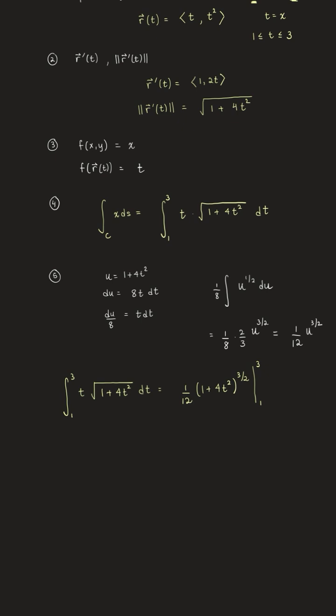And we can evaluate this by using the fundamental theorem of calculus. So when we put in a 3, I have 1/12 times 9 times 4 is 36, plus 1 is 37, to the 3/2, minus 1/12 times 5 to the 3/2. And I'm going to leave that as my answer. So there is our first line integral over a scalar function.